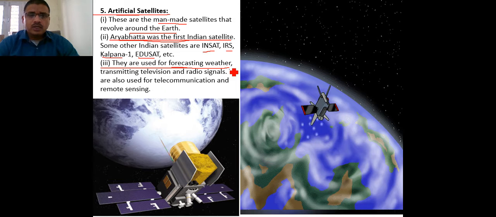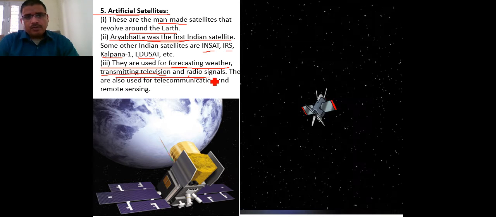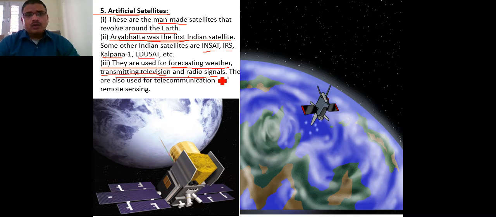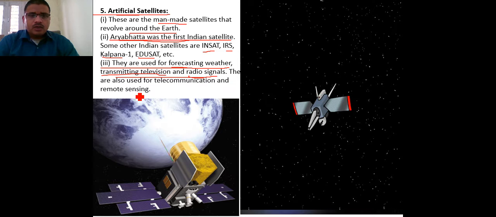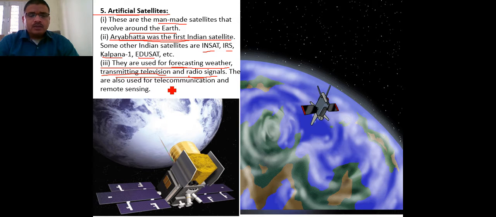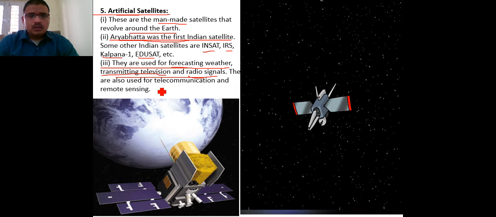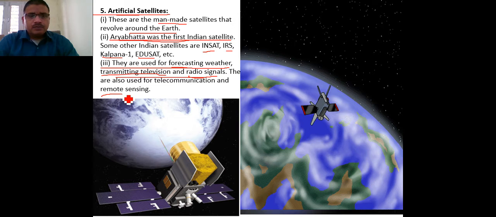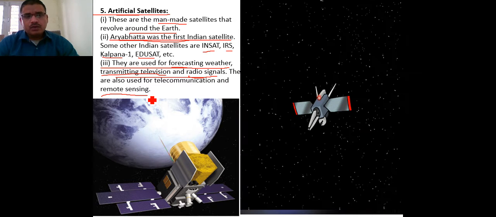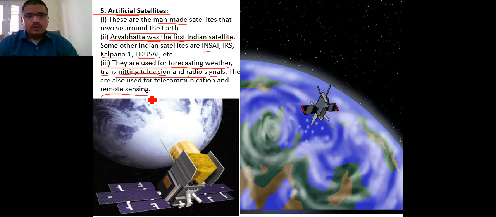Television broadcasting, whatever network we can see, is possible because of these satellites, and there are also radio signals by which we can listen to the radio. Other uses of these satellites are telecommunication, like mobile, and remote sensing, which can observe things like earthquakes.